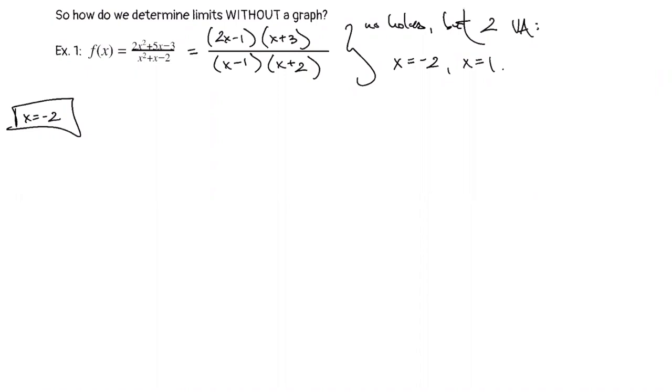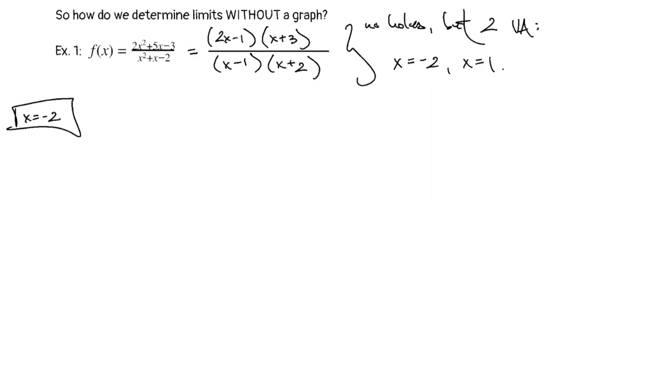When we think about vertical asymptotes and we're looking for limits, our answer should be positive infinity or negative infinity, because just like the graphs we saw, the graphs are going really, really far up or really, really far down. If you get a number out, you probably did some computations incorrectly.